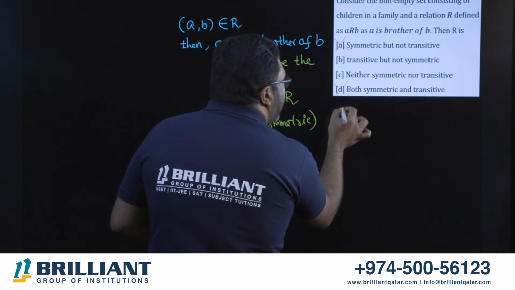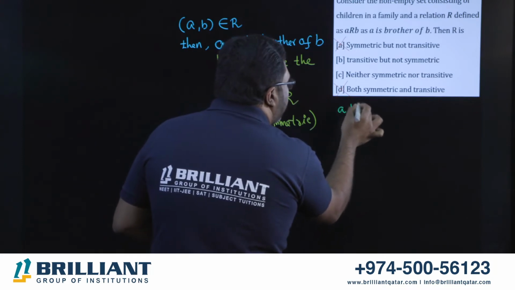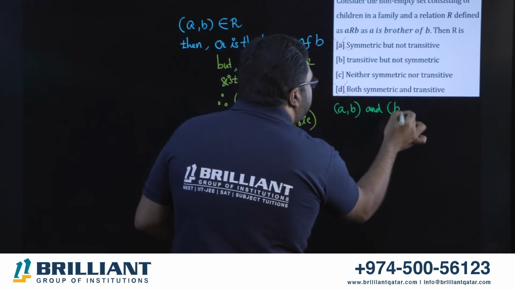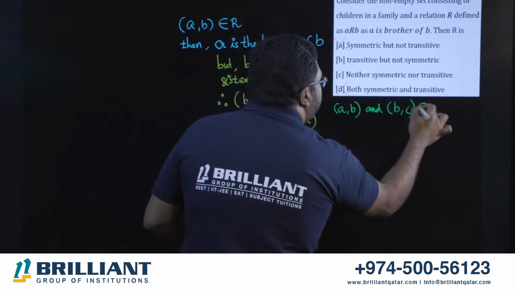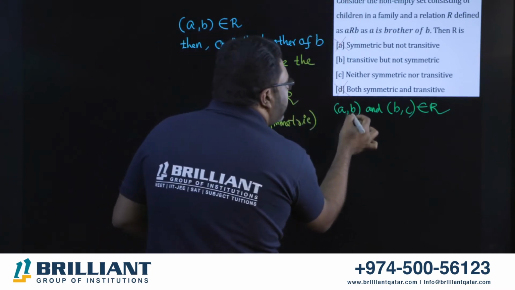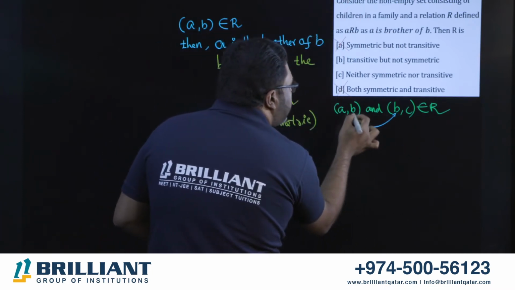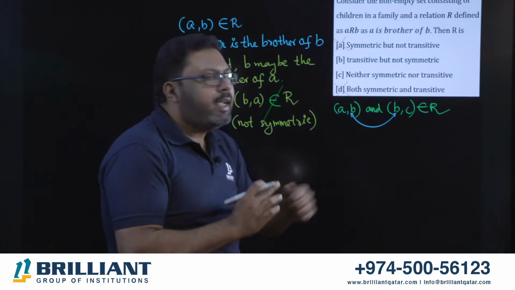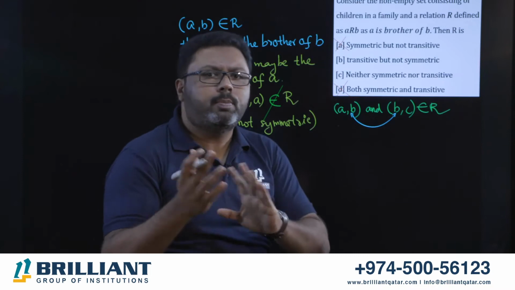See here, A comma B and B comma C belongs to R. This is what I want every one of my students to understand. For the transitive condition, the second element of the first pair and the first element of the second pair should be equal.